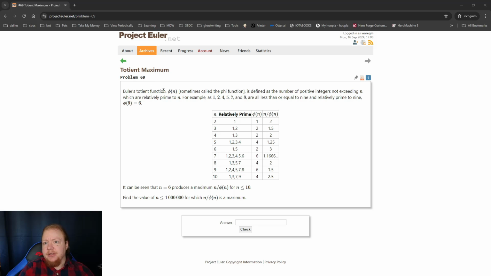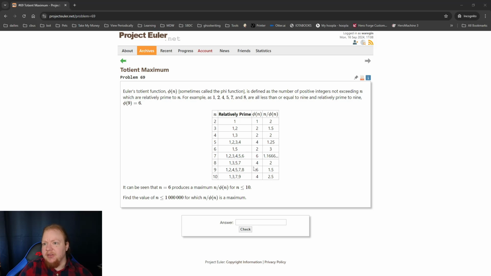Euler's totient function, phi of n, sometimes called the phi function, is defined as the number of positive integers not exceeding n which are relatively prime to n. For example, as 1, 2, 4, 5, 7, and 8 are all less than or equal to 9 and relatively prime to 9, phi of 9 equals 6.